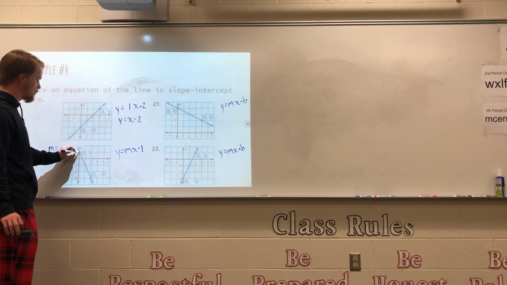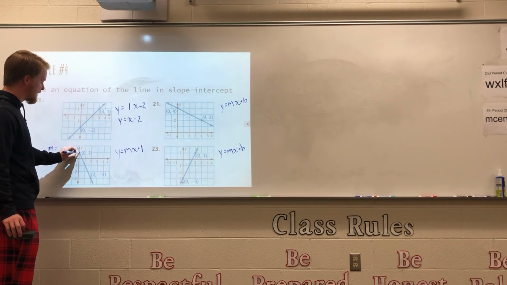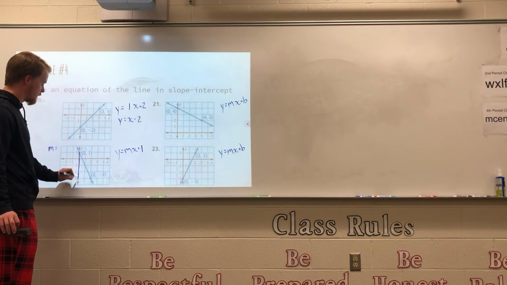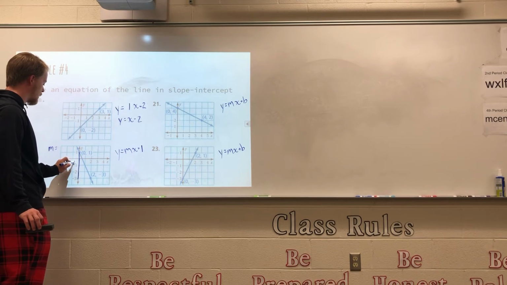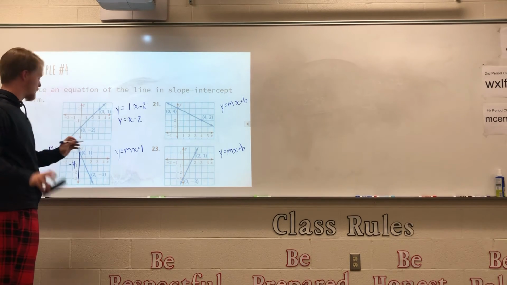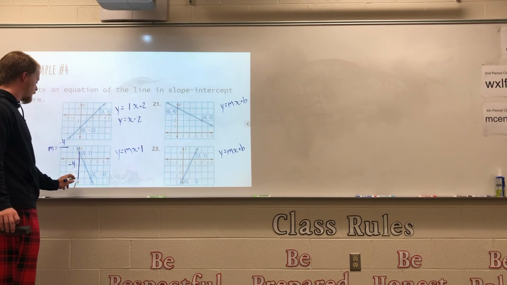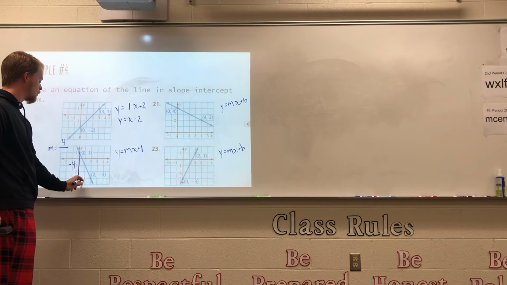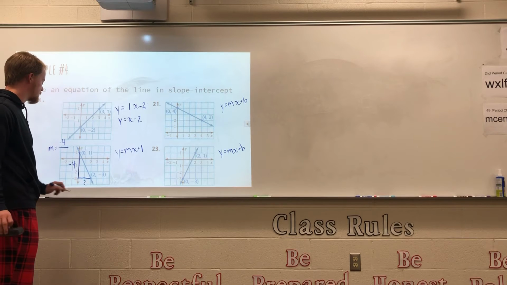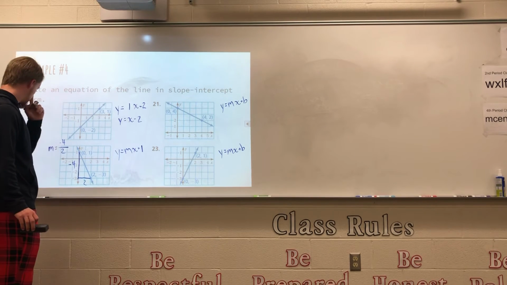M will equal my rise. As you can see, I'm going to have to go down first. So if I'm going down, that's negative. 1, 2, 3, 4. So negative 4 is what my rise was. Over my run to the right, 1, 2, since it's to the right, that's positive. And then I can reduce this.